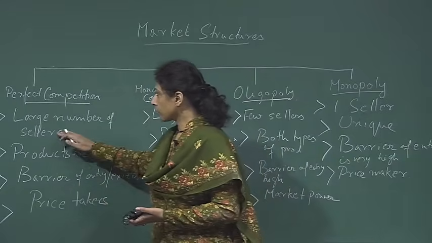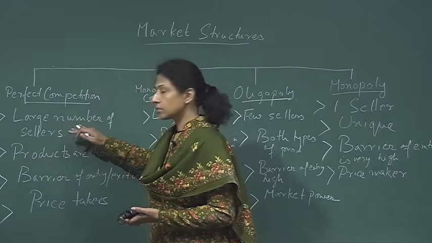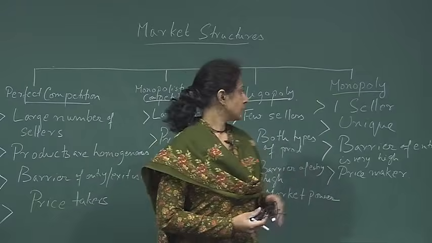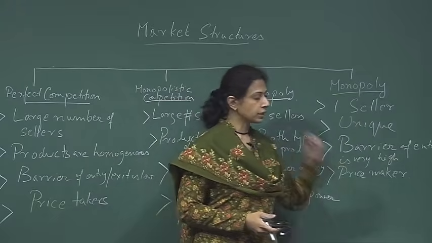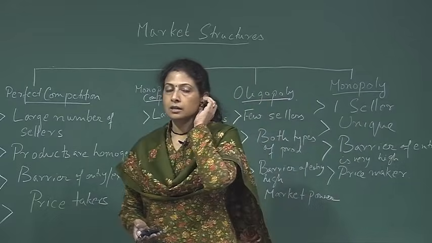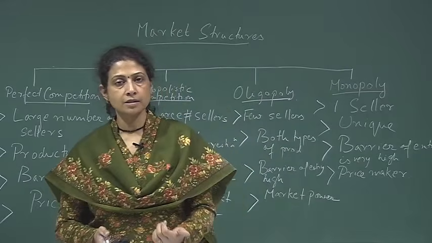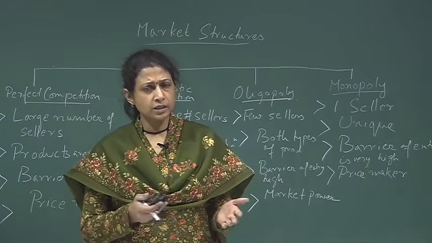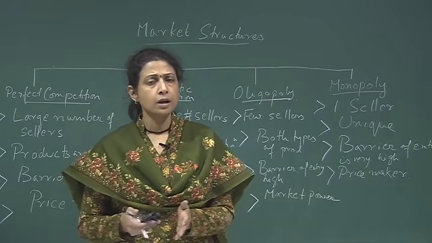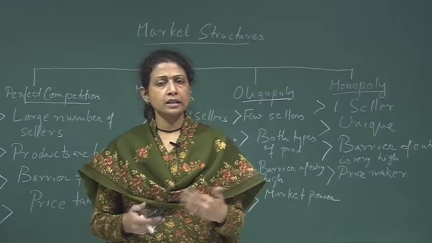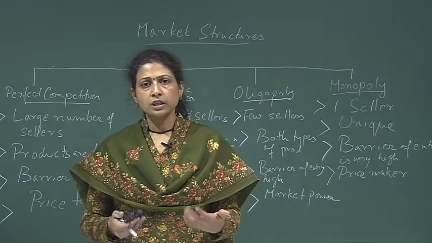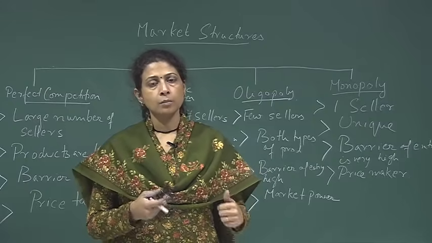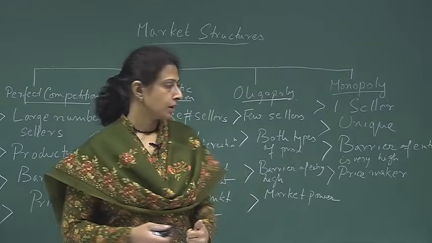So the role of advertisement is at industry level in perfect competition. Same is the case in monopoly. The seller can advertise to increase consumption and shift the demand curve to the right, but it does not have any need to attract consumers to itself, because it is the only seller in the market.